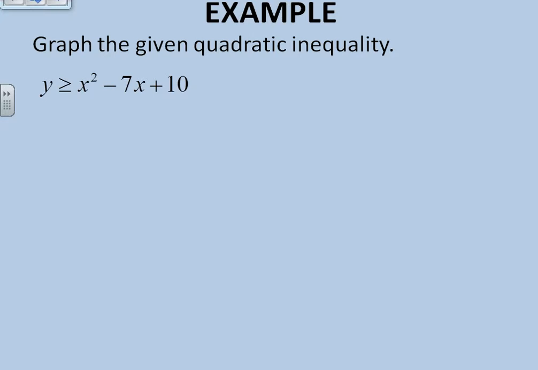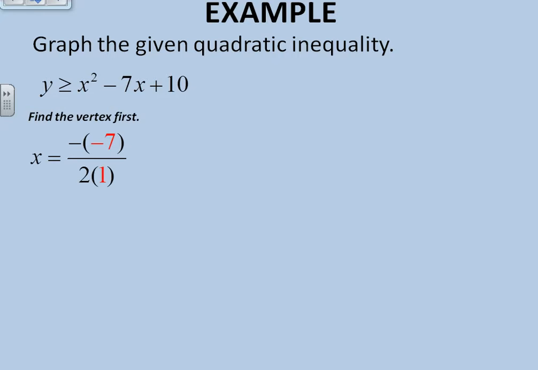Graph the inequality y is greater than or equal to x squared minus 7x plus 10. We'll graph it just like we would otherwise, by identifying the value of x at the vertex, using negative b over 2a.